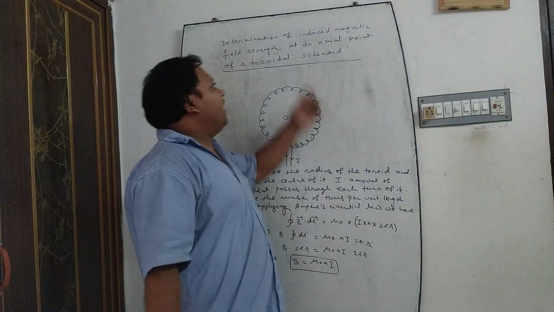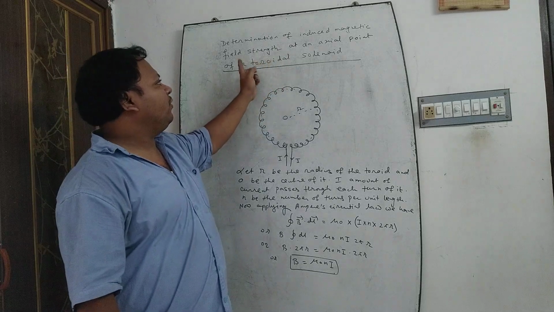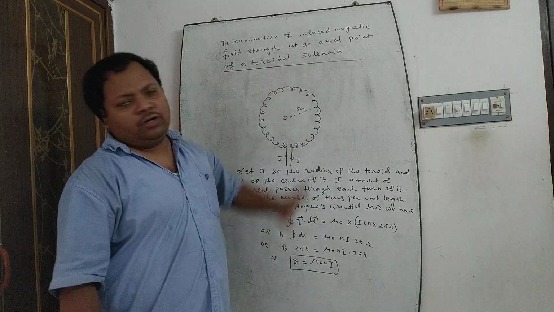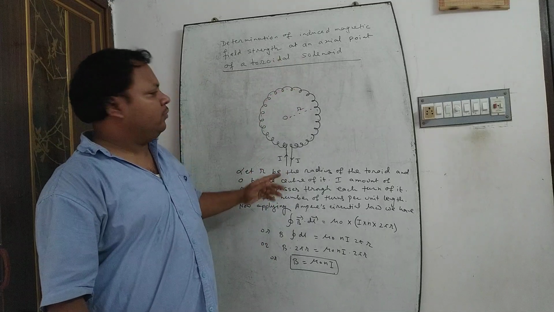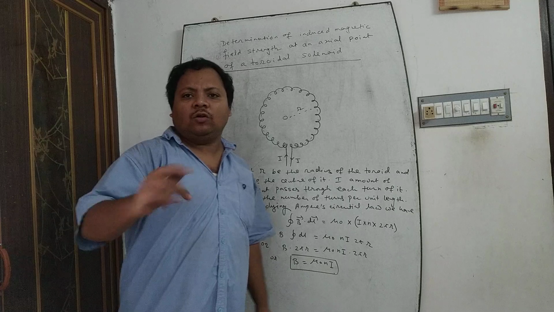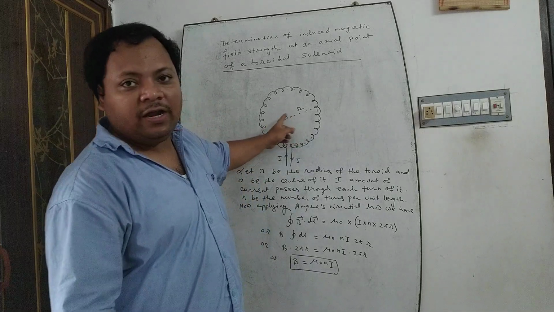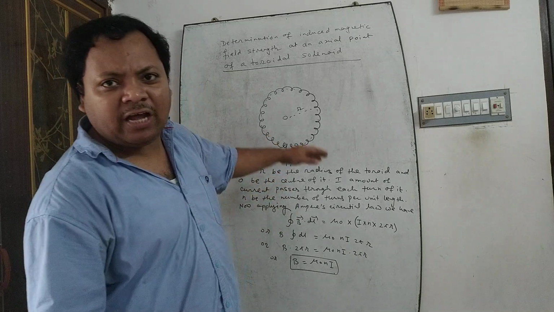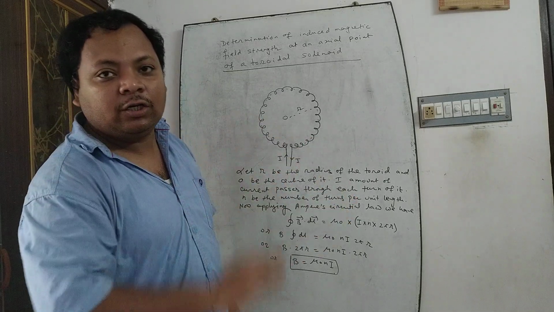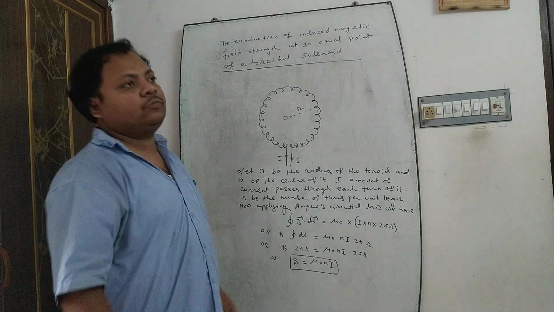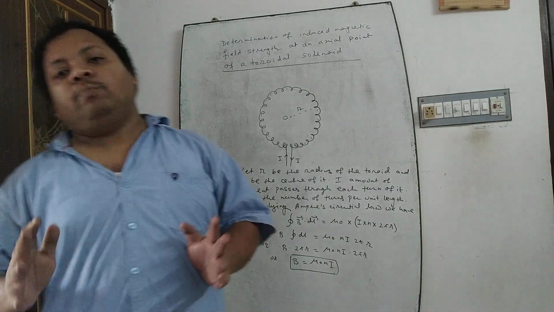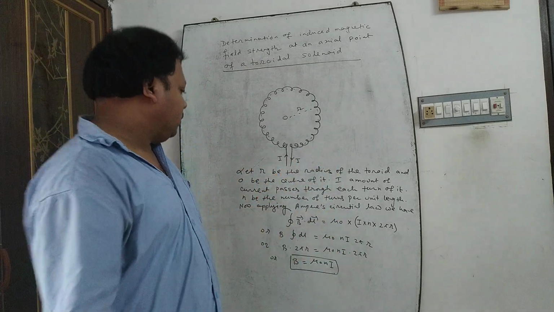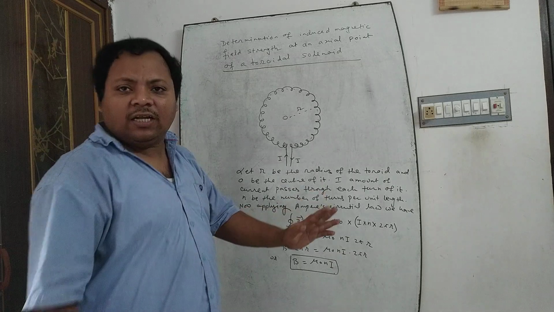Next, the determination of induced magnetic field strength at an axial point of a toroidal solenoid. Let us consider a toroidal solenoid having radius small r, and O is the center of it. I current is passing through each turn of the toroid. The number of turns per unit length of the toroid is small n. Now I am applying Ampere circuital law.